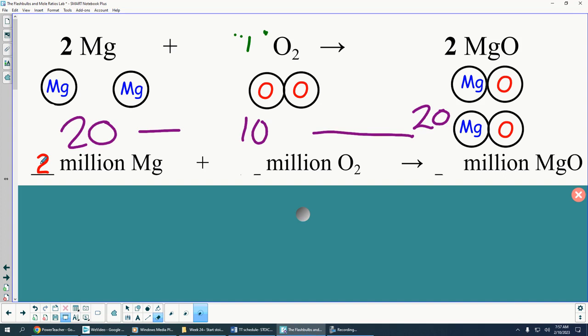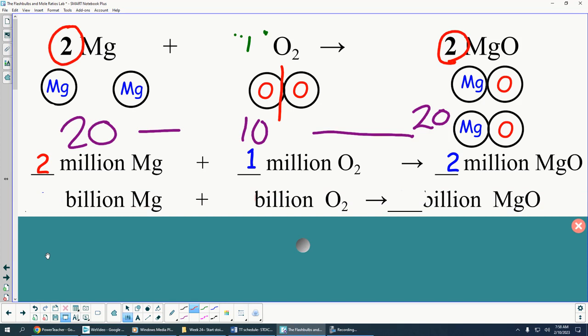How many million O2s would I need? 1 million. And how many million MgO can I make? 2 million. Because our coefficient ratio here is 1 to 1. For every 1 magnesium, I can make 1 magnesium oxide, but I only need half of the oxygens to do it.